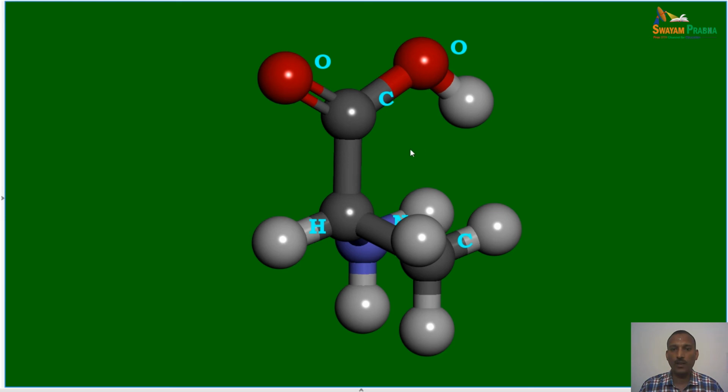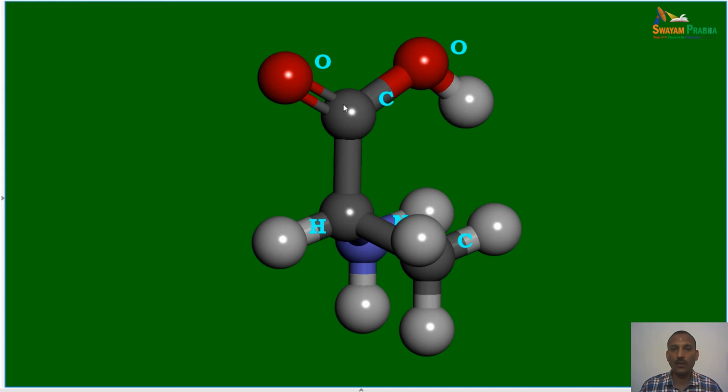As we mentioned earlier, in this particular case we will be looking at the priority of the groups. Nitrogen has the highest atomic number in this alanine molecule, so it gets priority number 1. Then we have two carbons, the carbon with the 2 oxygens and the carbon with the 3 hydrogens, so we need to find out which one gets the priority. As I mentioned earlier, each double bond is considered as 2 single bonds, and there is also another single bond.